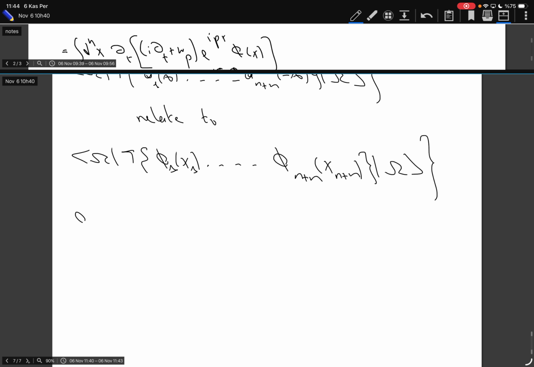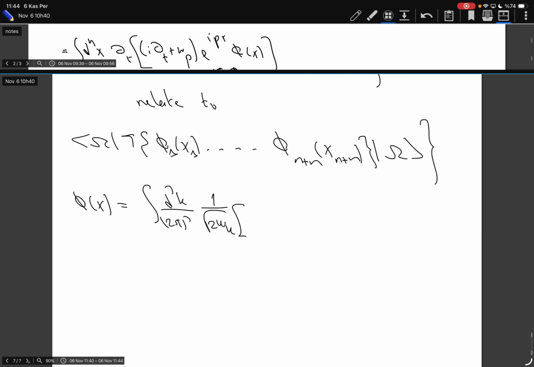Now the fields phi, I can write it as d cubed k divided by 2 pi cubed, 1 over square root of 2 omega k. These were the usual integrals and the normalization. Then I have a_k e to the power minus i kx plus, if you like, b_k dagger e to the power i kx.